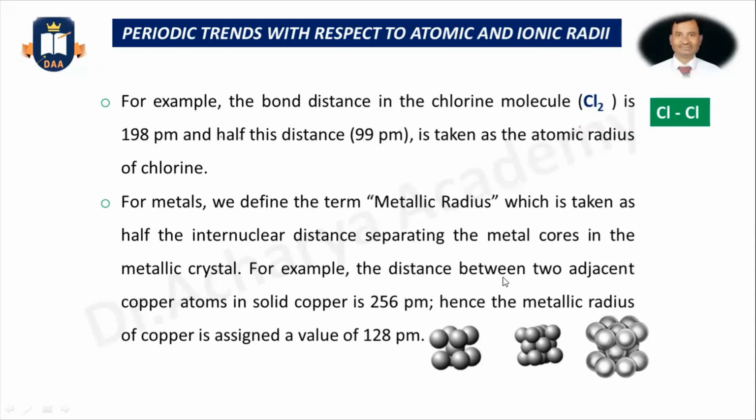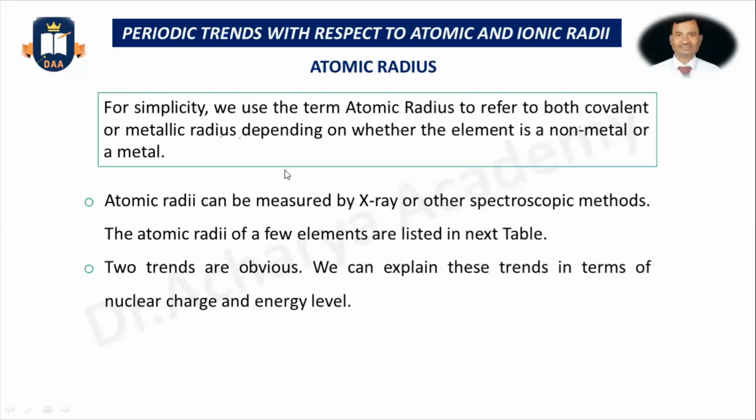The internuclear distance between two adjacent copper atoms in solid copper is 256 picometer, and the metallic radius is 256 divided by 2, which is 128 picometer. So we understand that for non-metallic elements it is the covalent radius, and for metals it is the metallic radius. For simplicity, we'll use the term atomic radius for both cases.